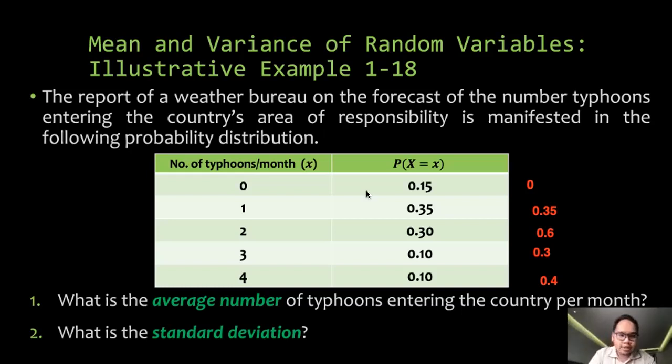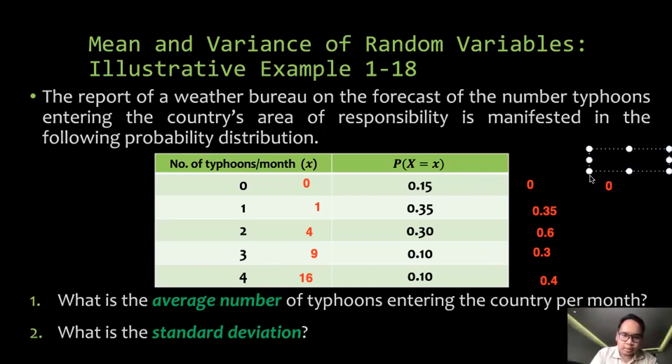First thing we need to do is square each of the x's. 0 squared is 0, 1 squared is 1, 2 squared is 4, 3 squared is 9, and 4 squared is 16. Then we multiply each by the probability that it has.